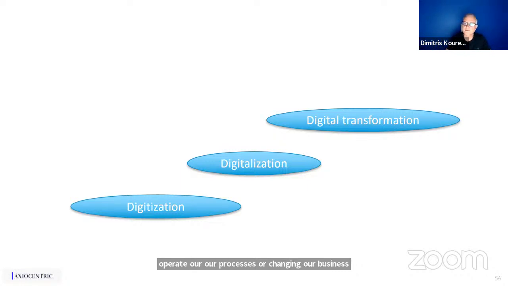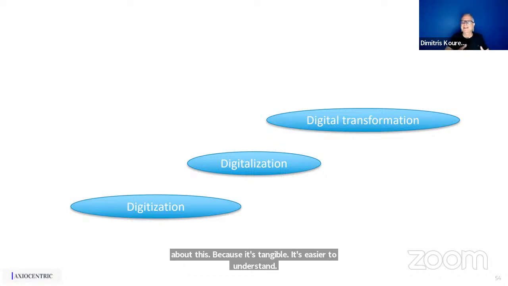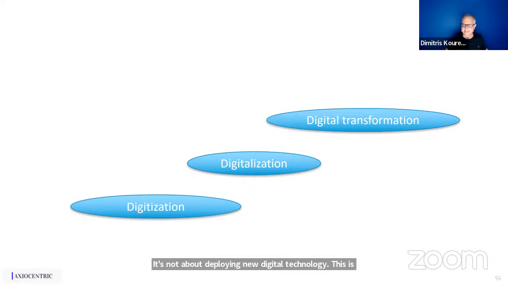But very, very important is more about transformation of people's behavior and mindset, and less about digital technology. Most people think about digital because it's tangible, it's easier to understand. It's not about deploying new digital technology. This is commodity. Everybody has access to new digital technology.